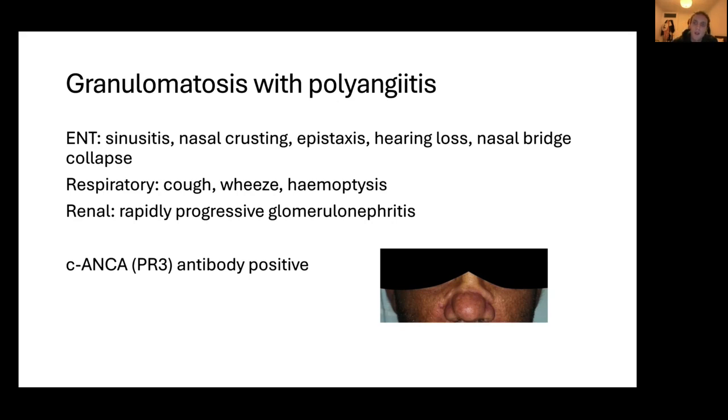Now, to complicate that, not all patients will have this antibody. About 80 to 85% tend to have this antibody, but in exams, all patients will have this antibody. So that's what you need to remember. So C ANCA or PR3 ANCA.